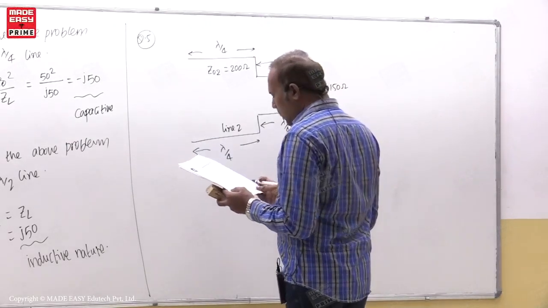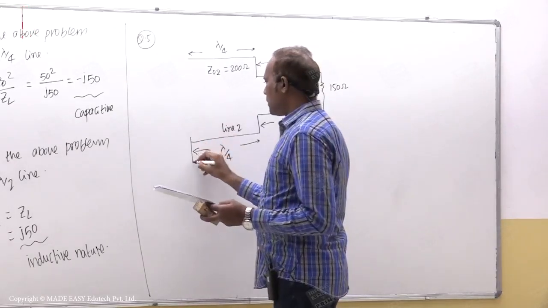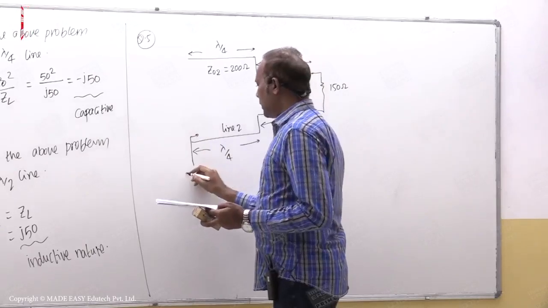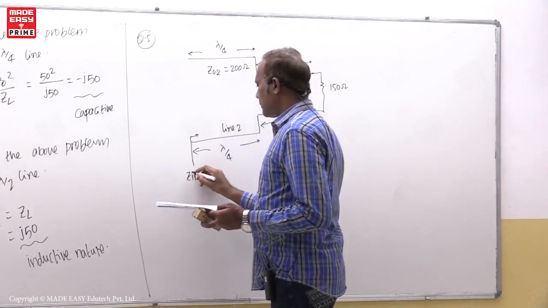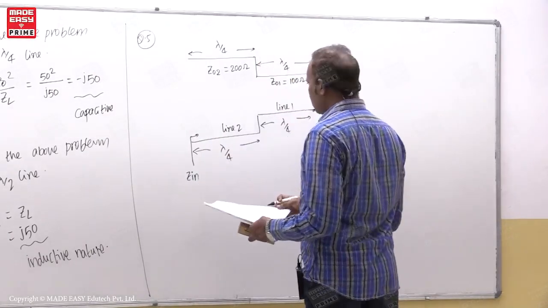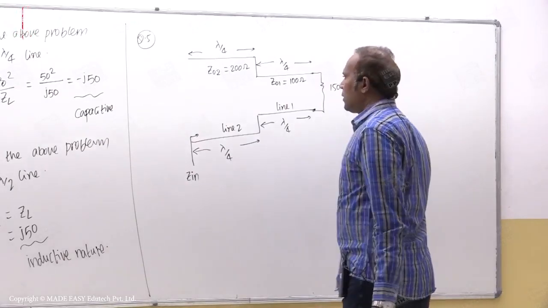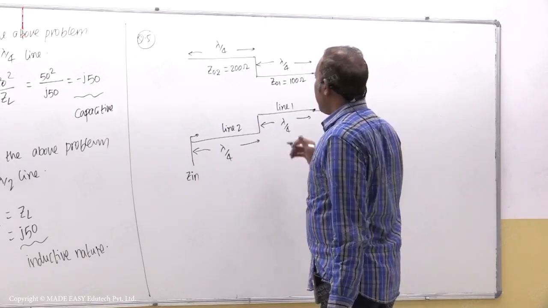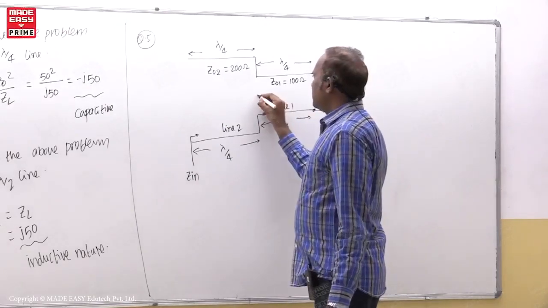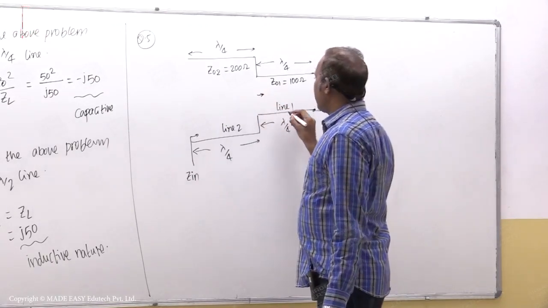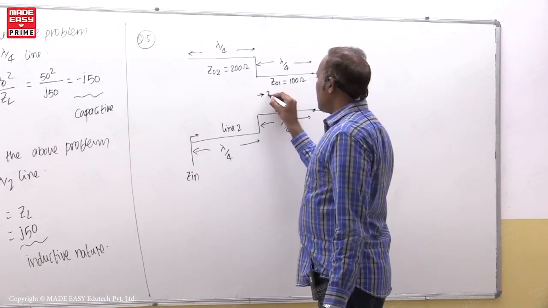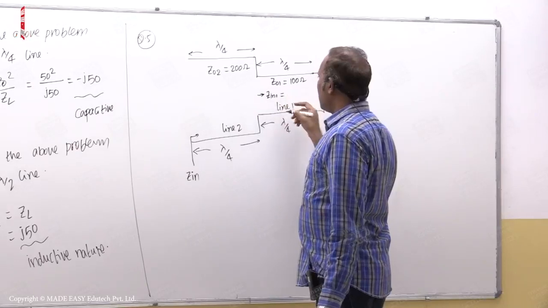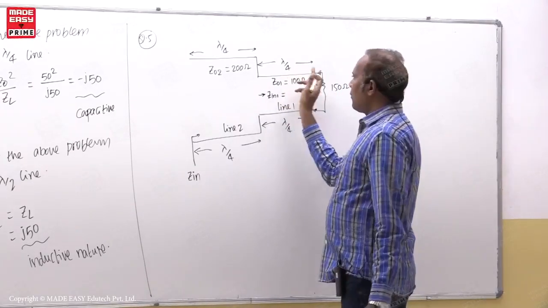Now what is the input impedance of this one? So that is the question. Actually it is written here Zin. Now how you solve this one, dear students? For first line, this is line 1, Zin of first line is equal to, this is lambda by 4 line.